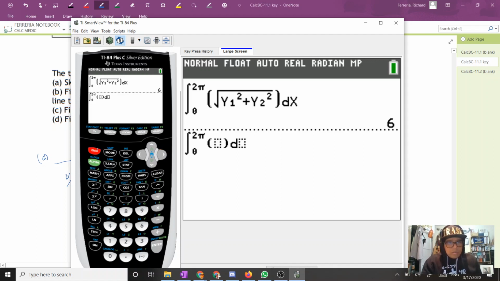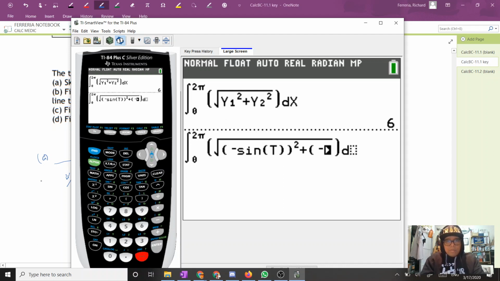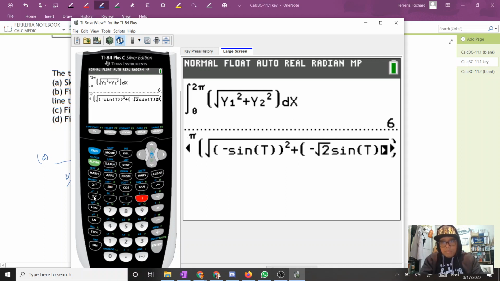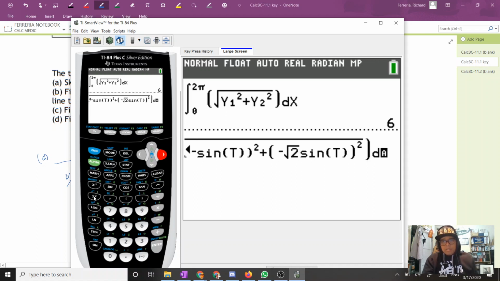Square root. The first one is negative sine t, squared. The second derivative is negative square root of 2 sine t, squared, dt.